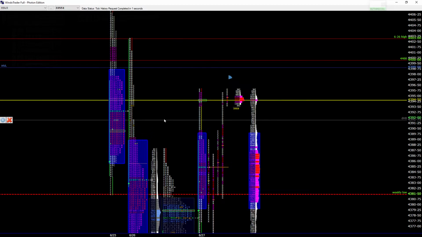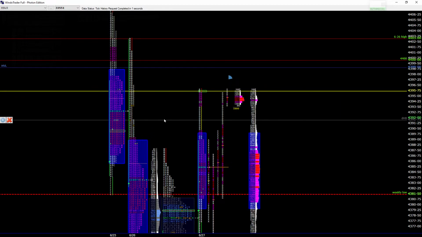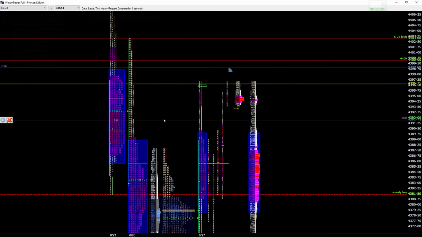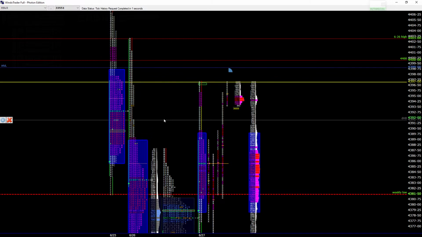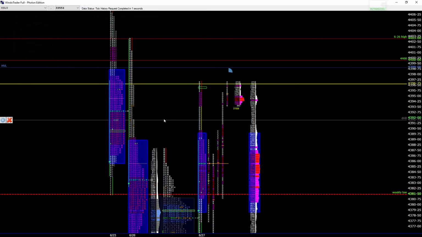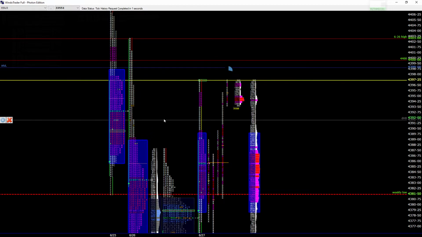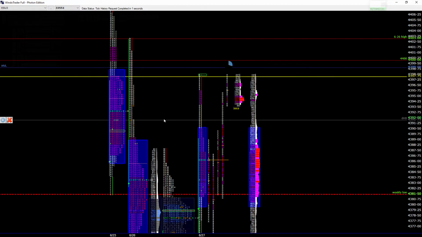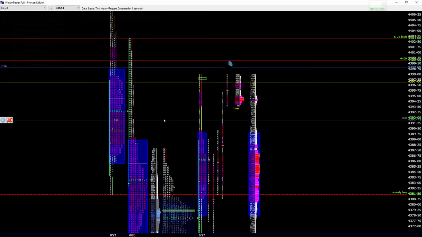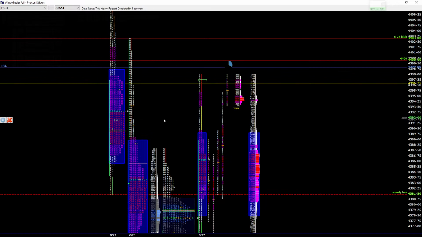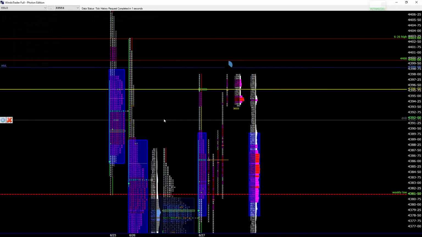I'm not going to tell you where to buy or where to sell. But what I'm trying to teach here, the knowledge that I'm trying to spread here, is how to read markets, understand inventory, the situation of inventory, overnight inventory, market inventory, being too short, too long, rebalancing, excess, market imbalance.